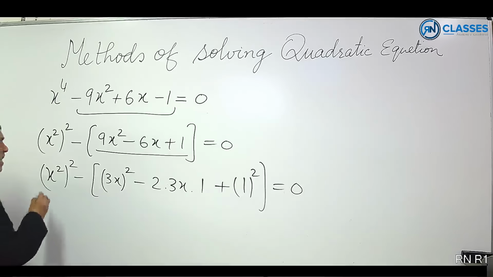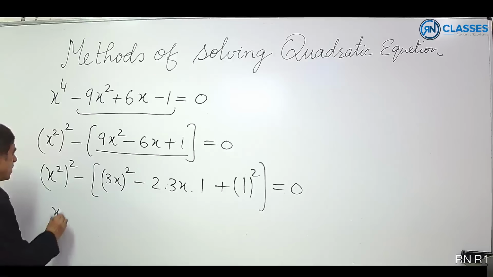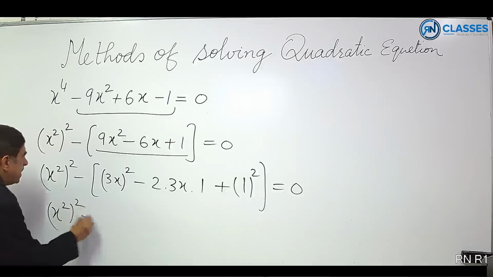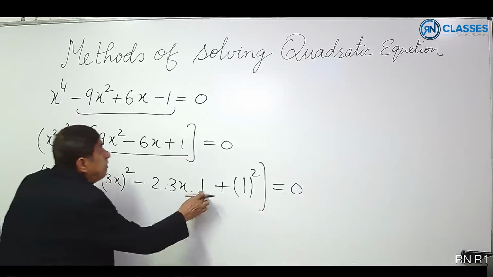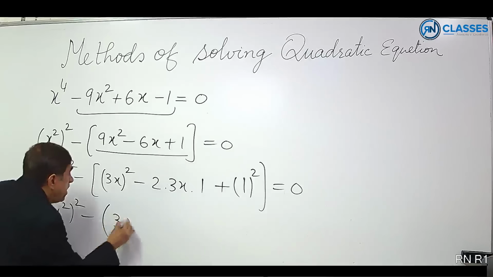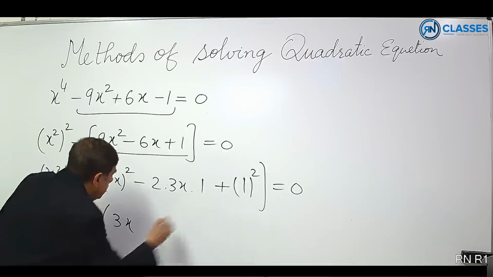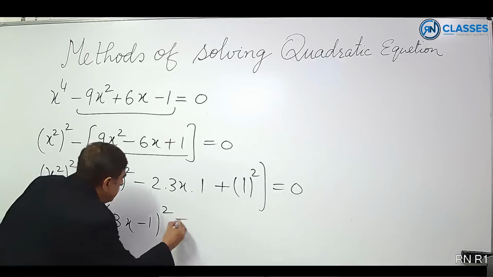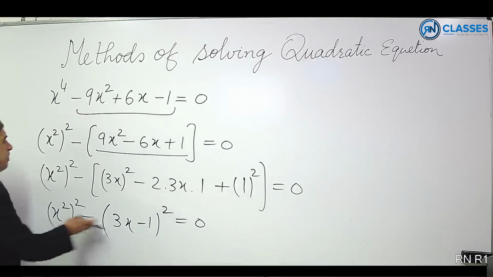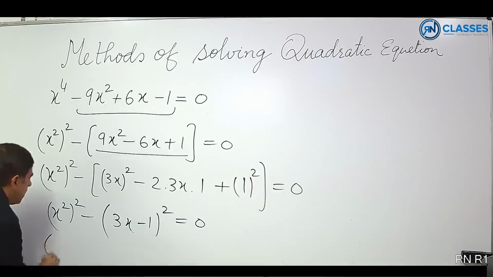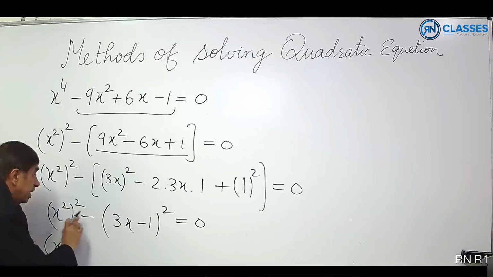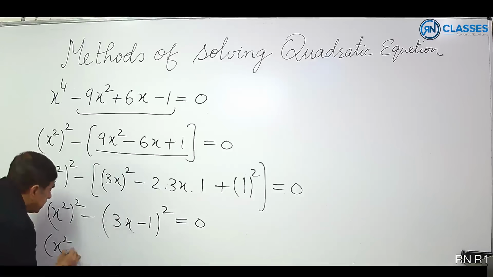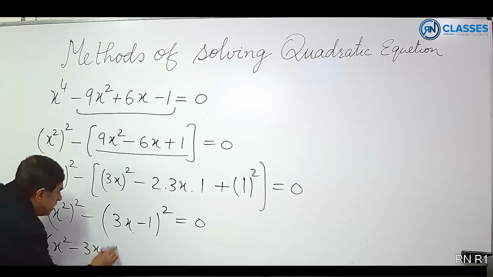Now, I can write this thing as a square minus 2ab plus b square. So, a minus b whole square equal to 0. Now, a square minus b square equal to 0. a minus b into a plus b. If I put minus, you have to change the sign, minus 3x plus 1.